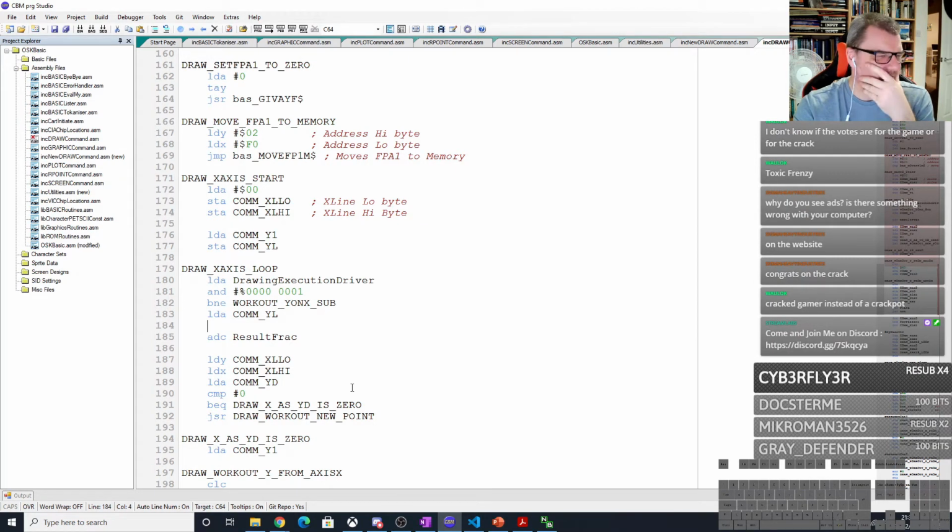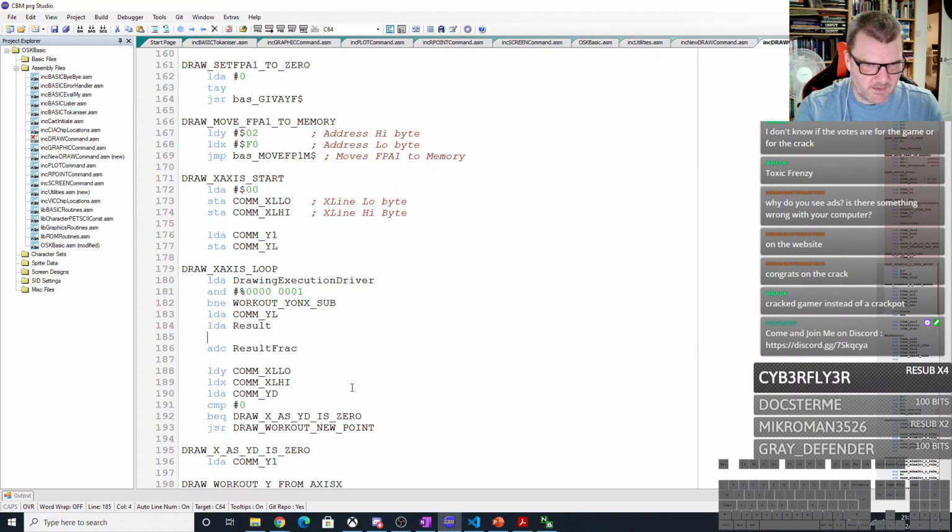But if you're subtracting 1, yeah, we need to, so if we load result, and then because the result, it'll only ever be 1. It's either 1 or less than 1.